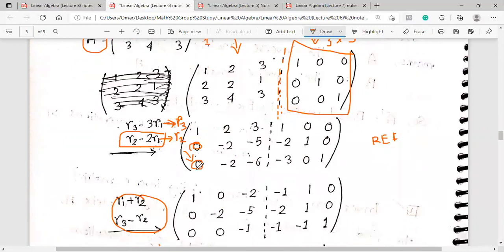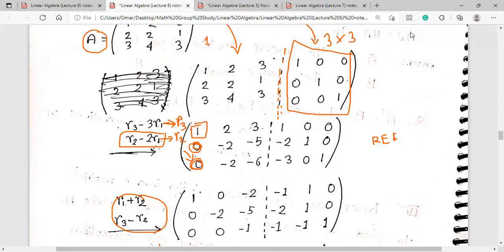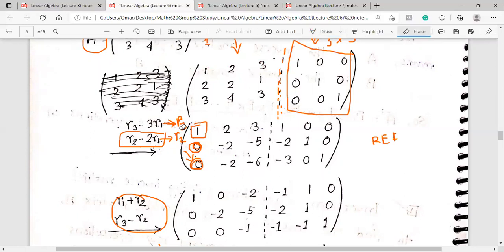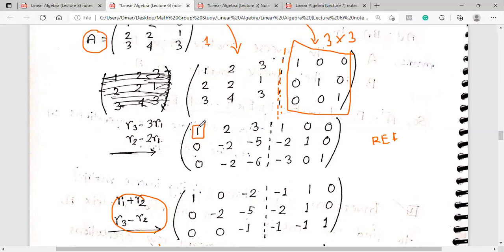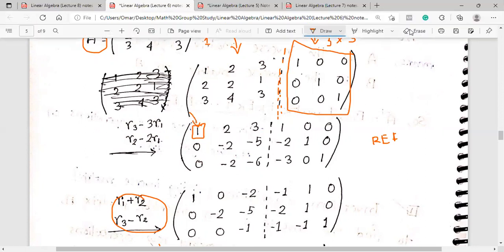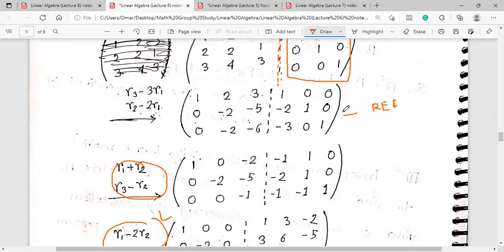So this is our first pivot point. We can also say that this is our first non-zero entry. I hope you understand this part, right?